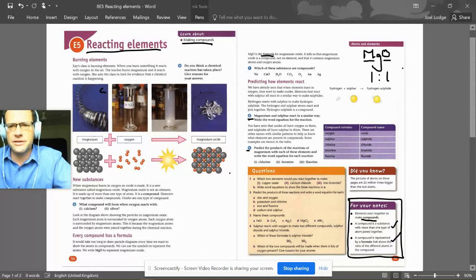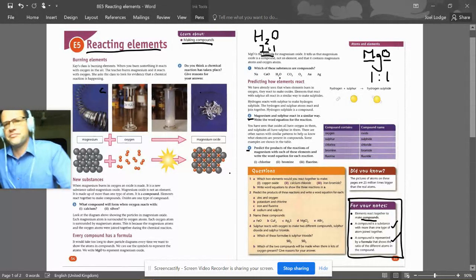If we take another compound, let's say this one, H2O, the ratio here is different. It's not 1 to 1, it's 2 to 1. So we have 2 atoms of hydrogen to 1 atom of oxygen.